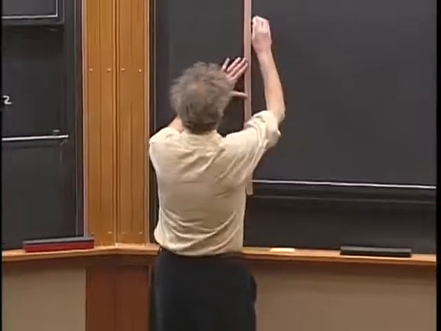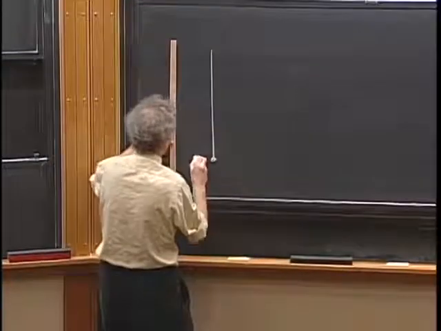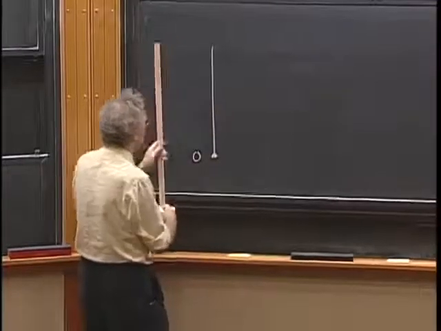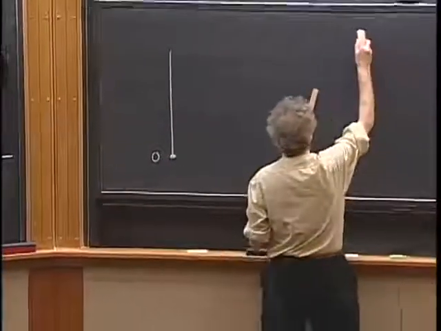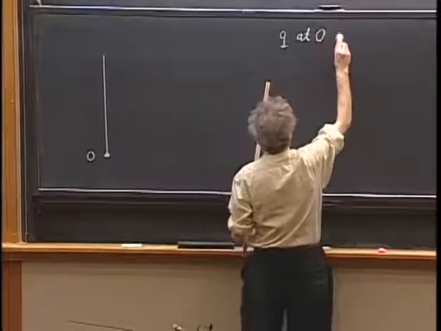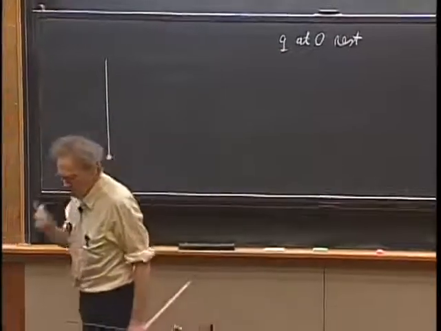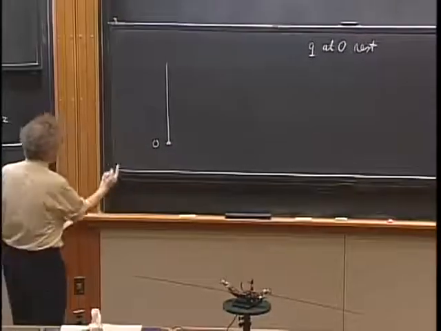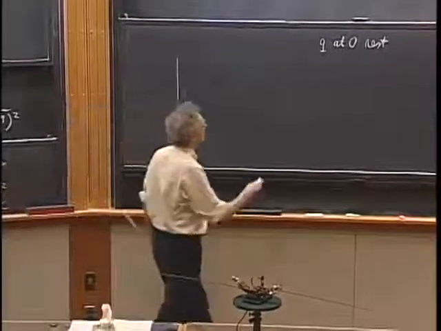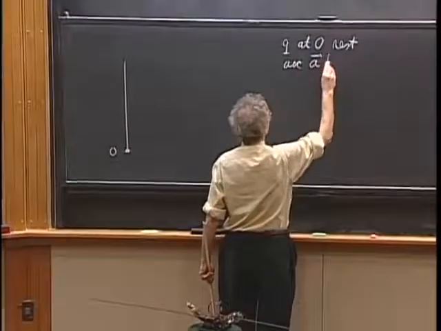Suppose I have here a charge Q which is located at position A. So we have a charge Q, it is at A, at O, and it is at rest. And I'm going to accelerate it in this direction, with an acceleration which is in this direction.